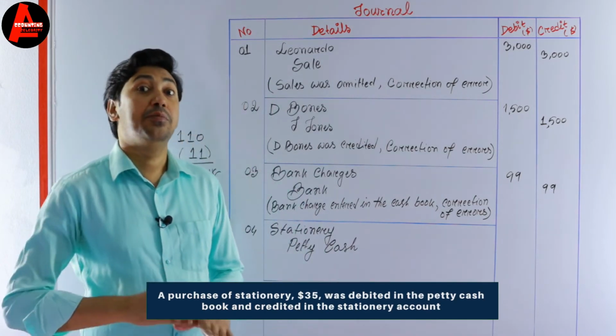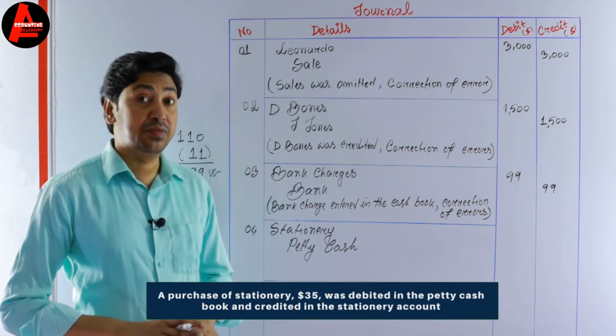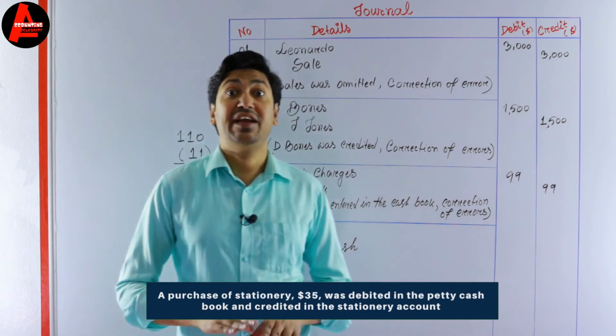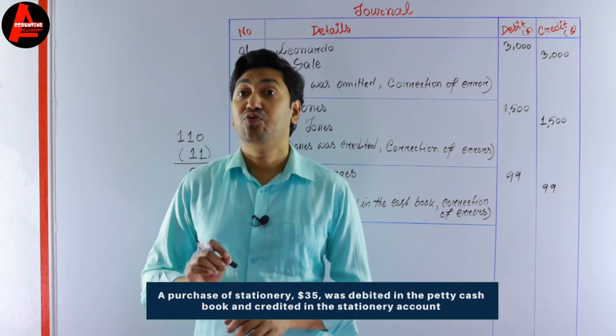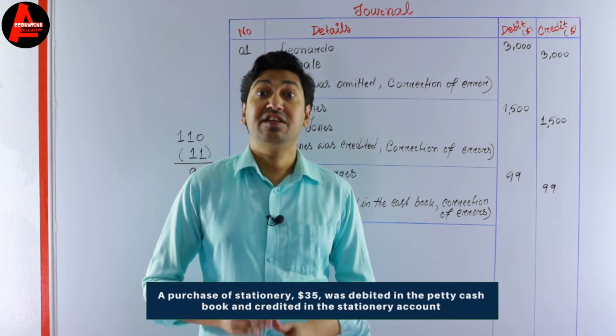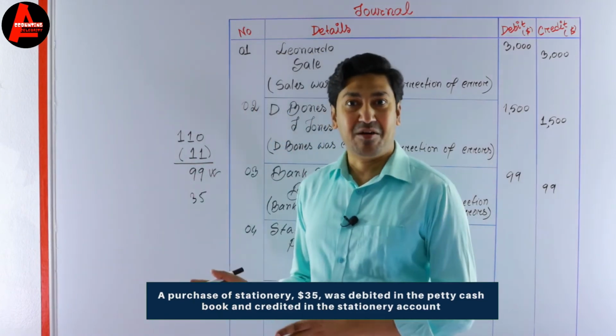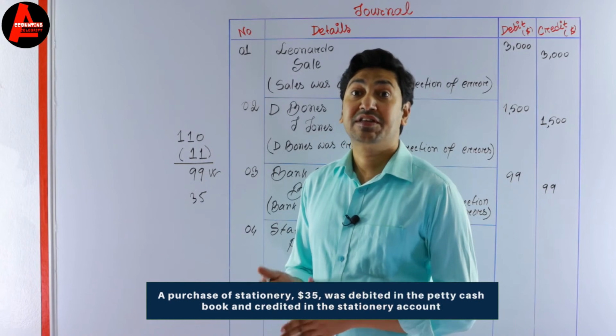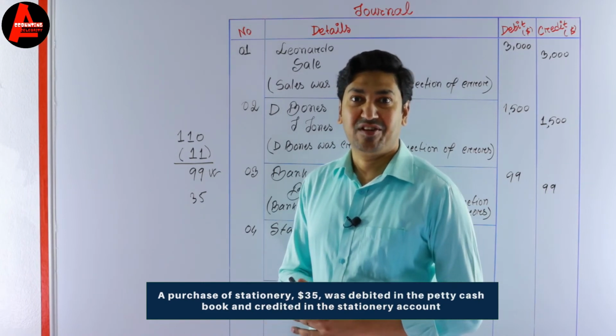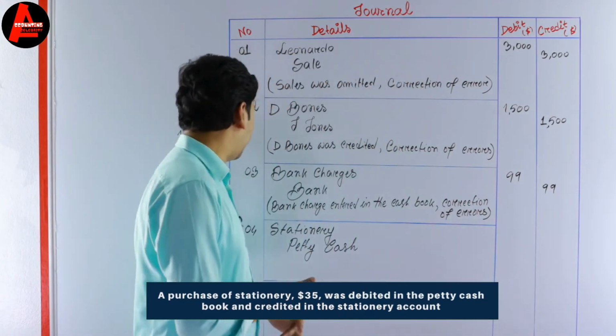Why? Because this expense was supposed to be debited, mistakenly it is credited. What does it mean? It means that instead of recording an expense, it is recorded as an income. So what happened? The amount is doubled in the books of account. So now we have to double this amount.